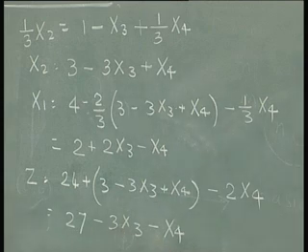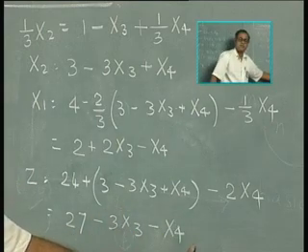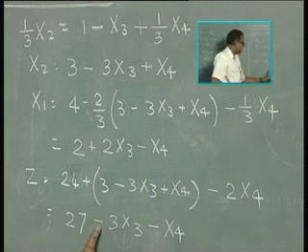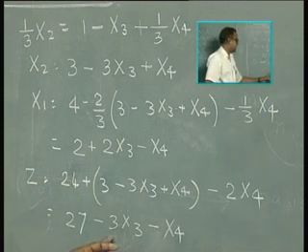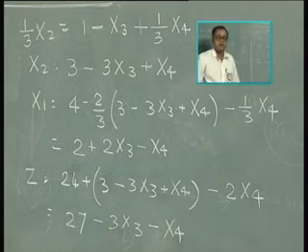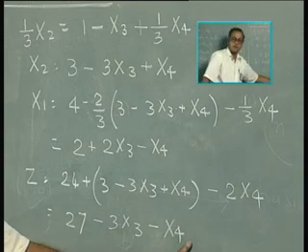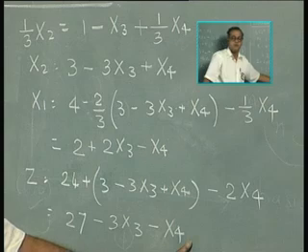Now, we want to see whether we can increase z further. Increasing z further based on this expression can be done by decreasing x3 or by decreasing x4, because both have negative coefficients. Now, decreasing x3 and decreasing x4 are not possible because both of them are already at 0 and decreasing them would make them infeasible.